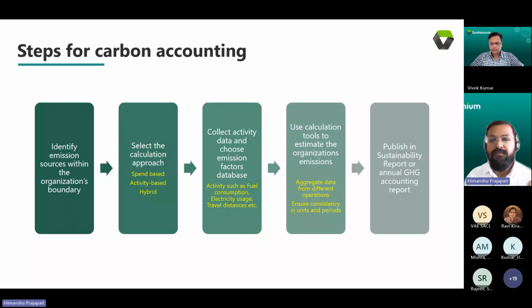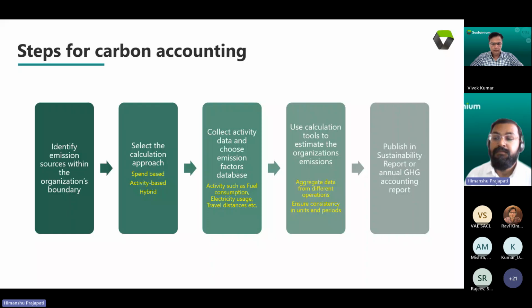And lastly, when you've done all of this, you publish the results into a sustainability report where you're also talking about how the emissions have changed over the years, what your targets are, or you may simply do a simple ESG accounting report.